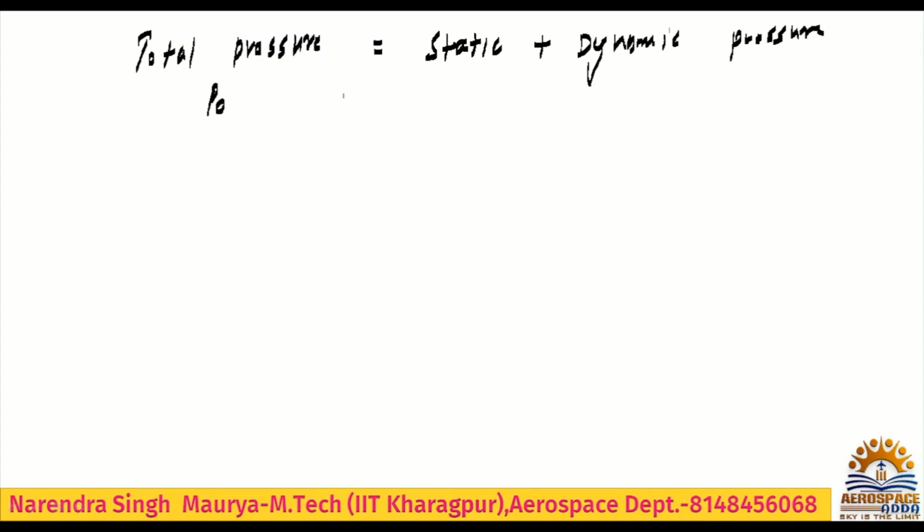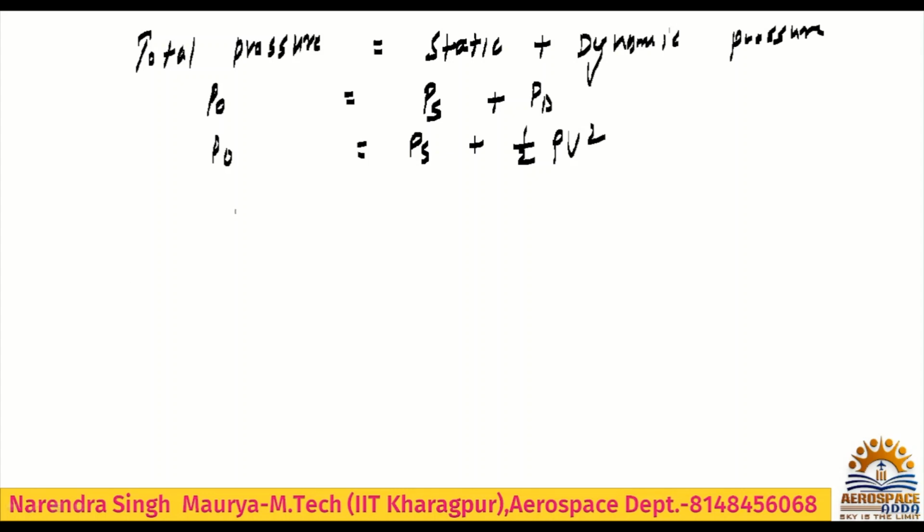Total pressure here is denoted by P naught. Static pressure is denoted by PS. Dynamic pressure is denoted by PD. Okay. So P naught is equal to PS plus dynamic pressure, half rho V square.